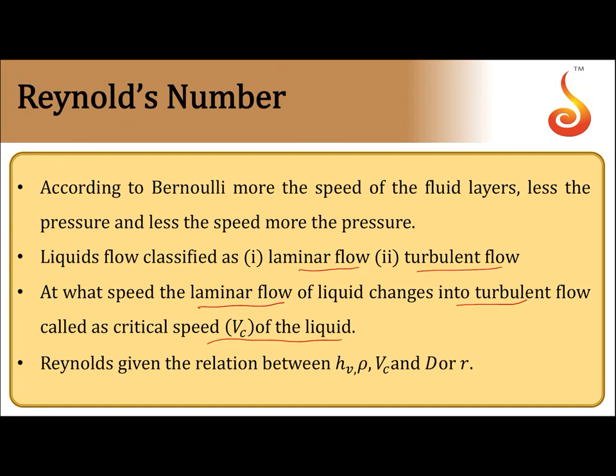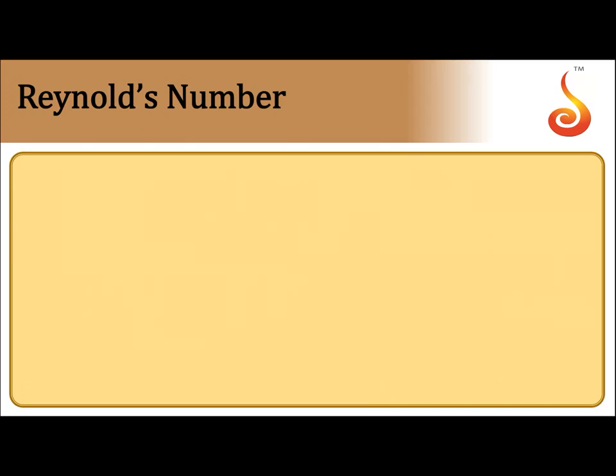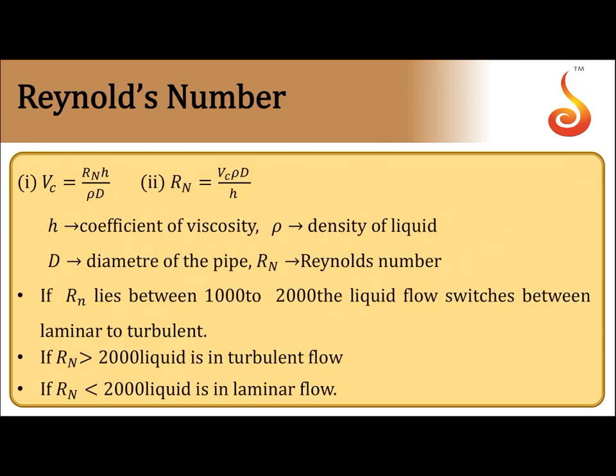Reynolds number gives the relation between the critical speed, density, viscosity and the diameter of the pipe through which the liquid is flowing. Reynolds number is given by Vc rho d divided by eta, where eta is the coefficient of viscosity.